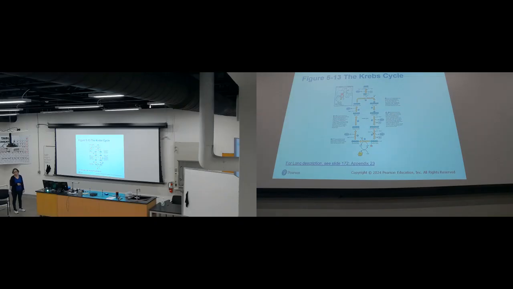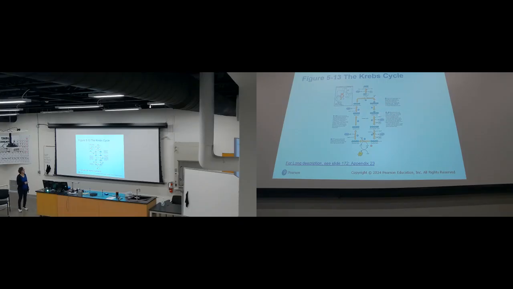At the same time, you generate NADH. Now, the last product of this Krebs cycle is oxaloacetate, and once it joins acetyl-CoA, it will form citric acid.